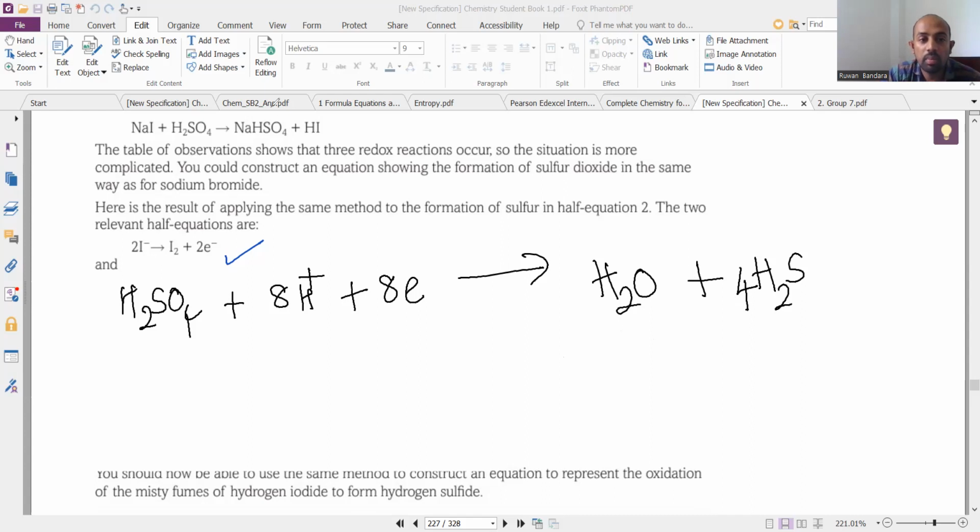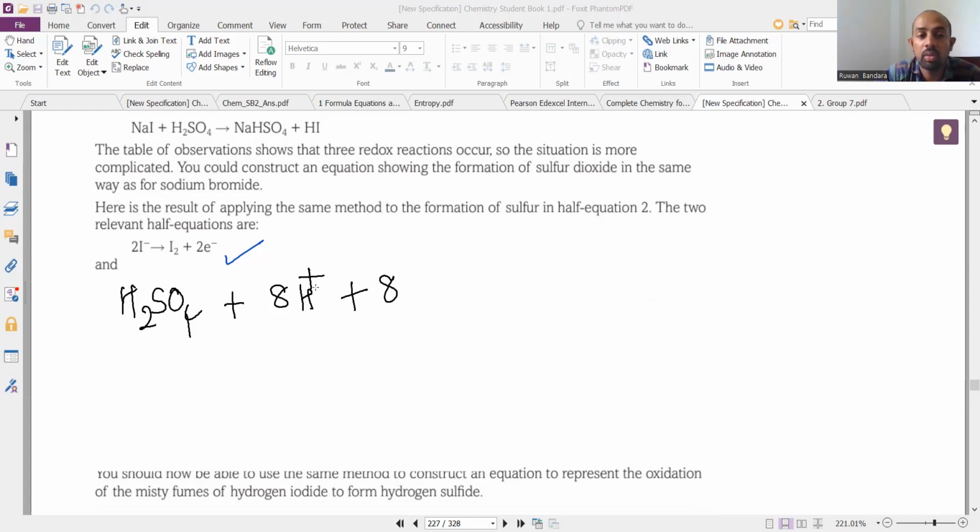Maybe something is wrong. We may have to balance this. It should be 4, right? Next to H2O. I'll tell you how to balance this.